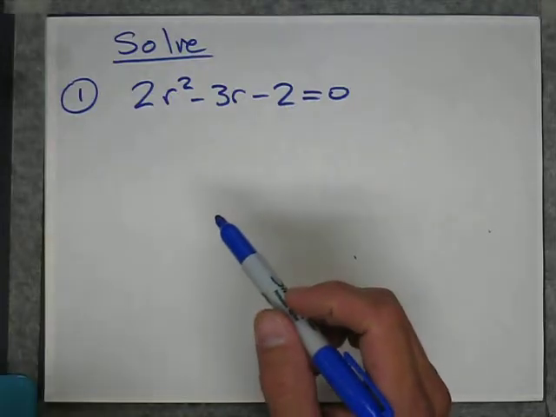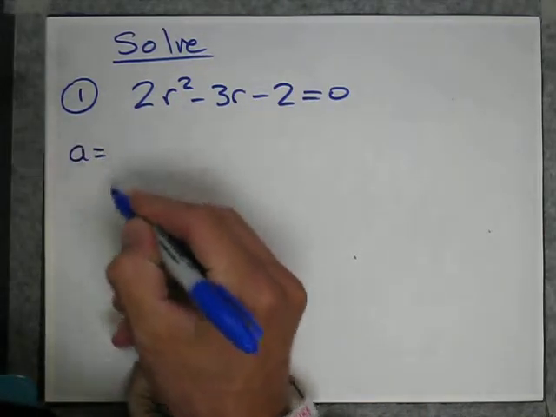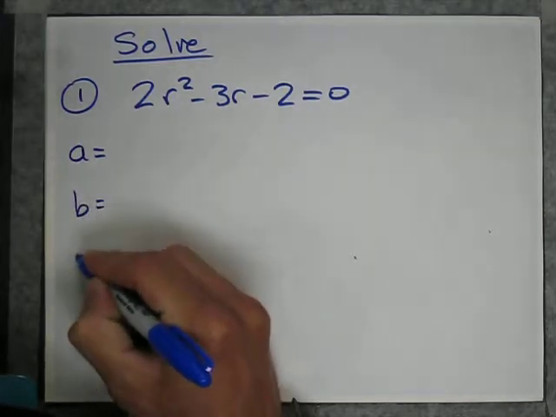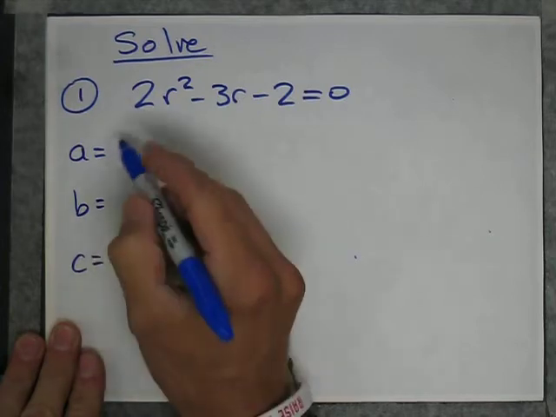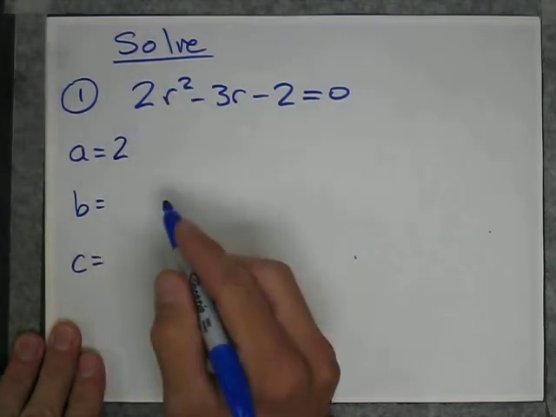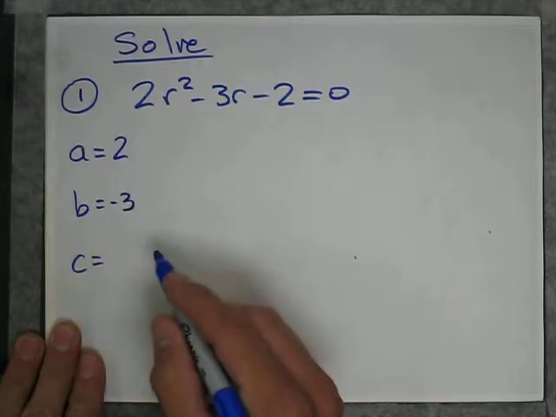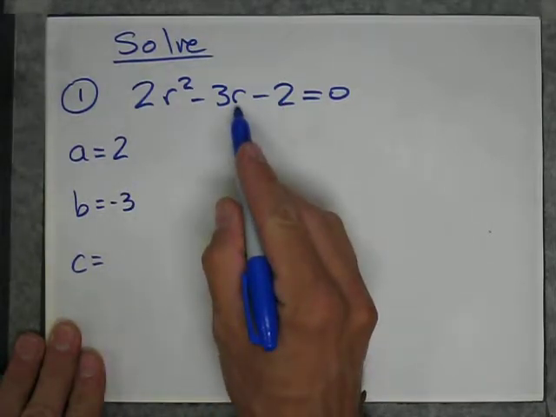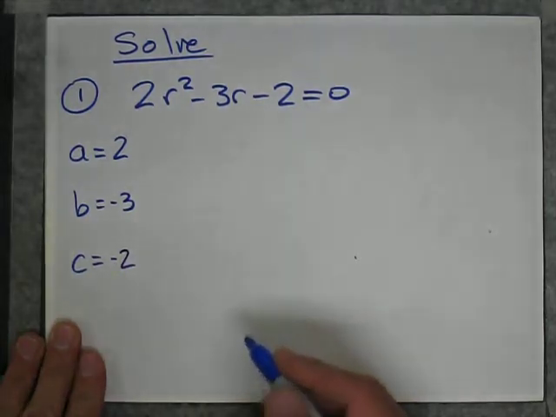Then what I like to do is put on the left hand side what a equals, b equals, and c equals. So a in this case is the coefficient in front of the squared term. B is the coefficient, remembering that it's negative, in front of the r term, the linear term. And then c is the constant, negative 2.